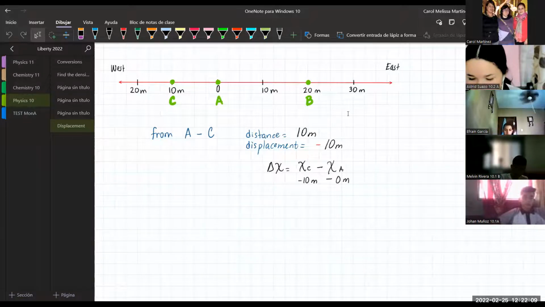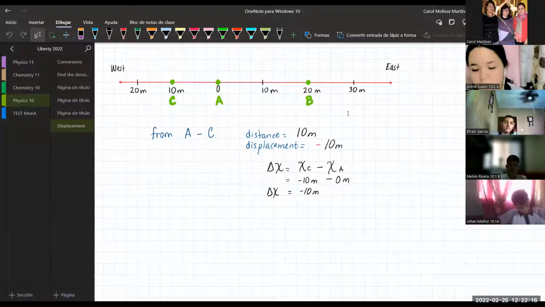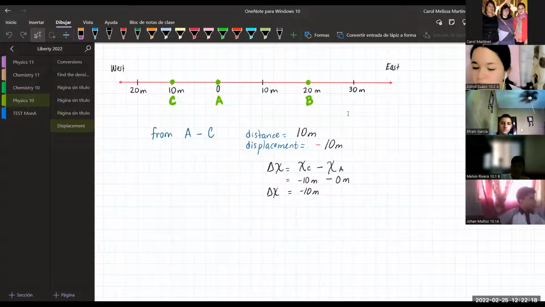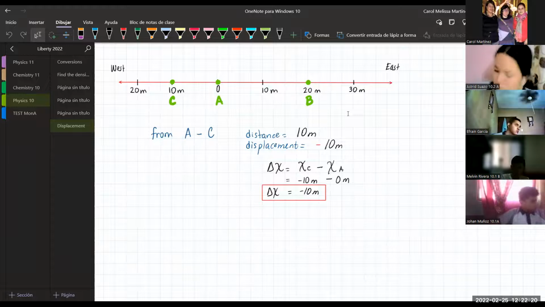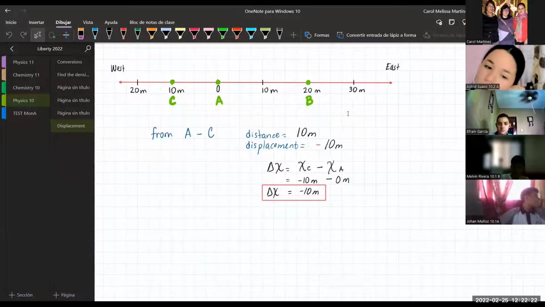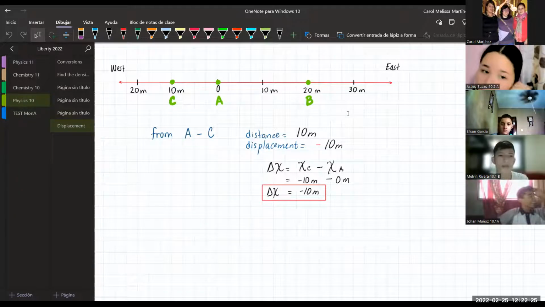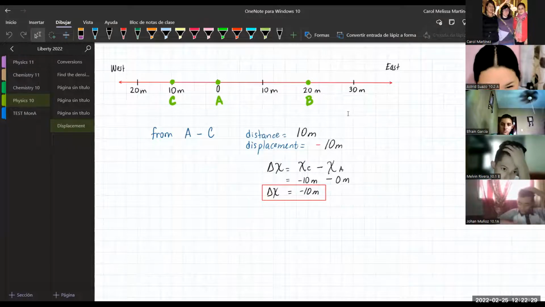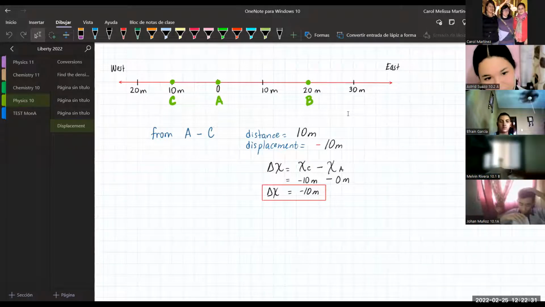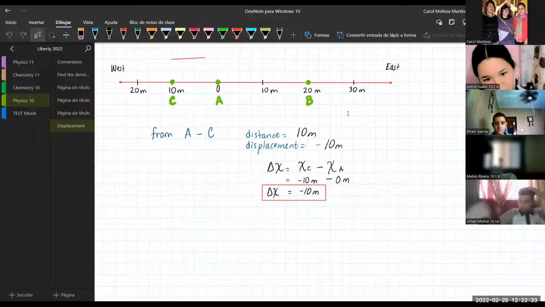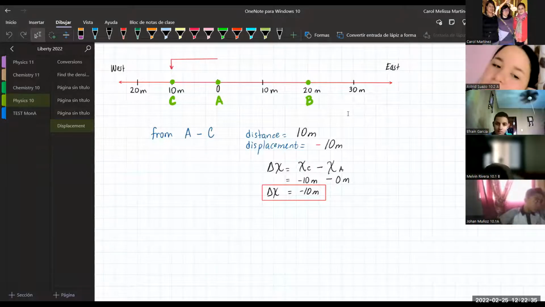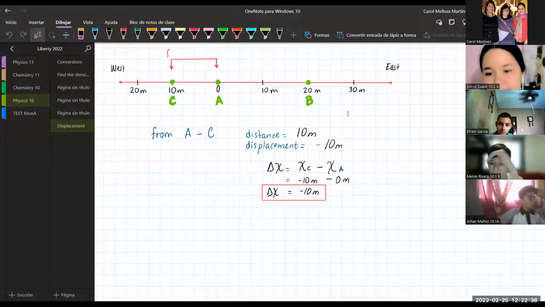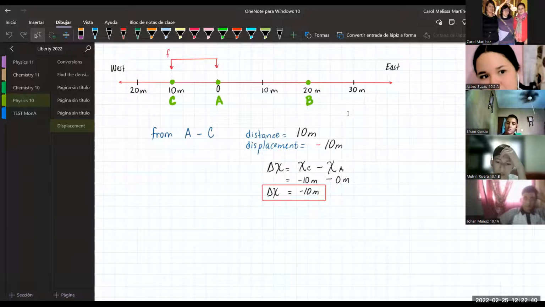So whether you do it with the formula or mentally, you can see that it gives us the same negative 10 meters. Now imagine that I'm going to analyze this displacement from C to A.